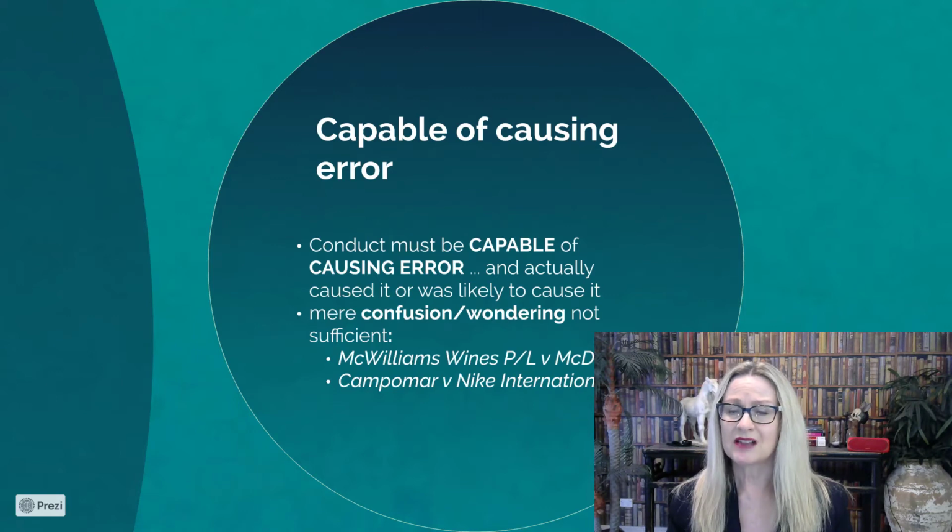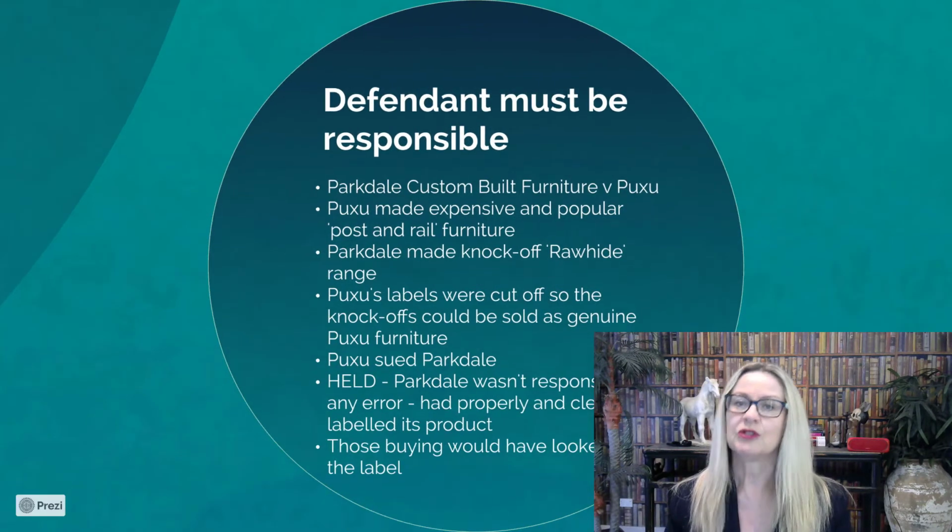It's a great example of just the versatility of what we now know as Section 18, and the fact that it's used by a lot more than just the average consumer wanting to object to misleading conduct. It's really used by businesses generally and usually used in preference to, as I say, the common law cause of action, which is so much more craggy. So that's capable of causing error.